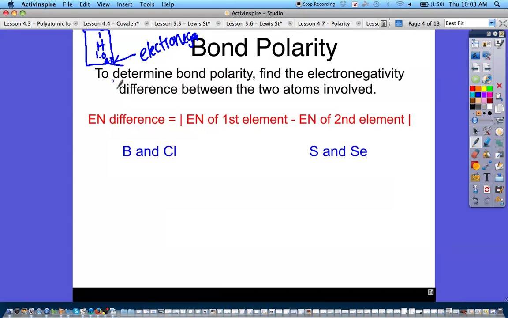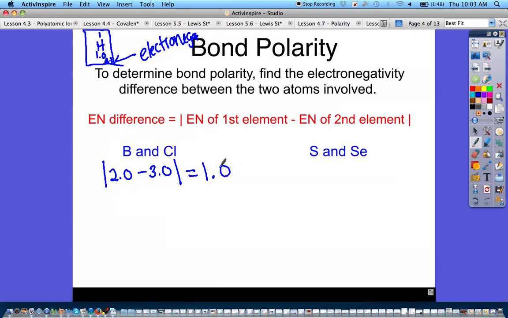So the electronegativity difference is the absolute value of the electronegativity of the first element minus the electronegativity of the second element. This will always give you a positive number. So boron's electronegativity is 2.0, and chlorine has an electronegativity of 3.0. Take the absolute value of that. It has a difference of 1.0.